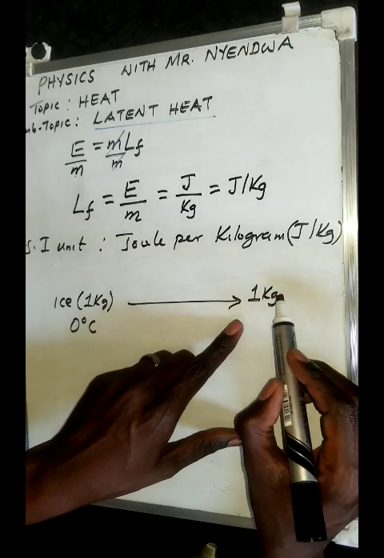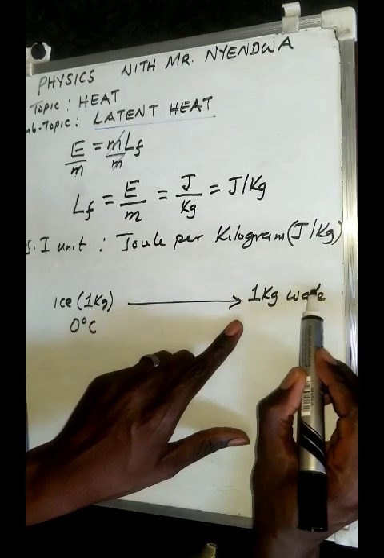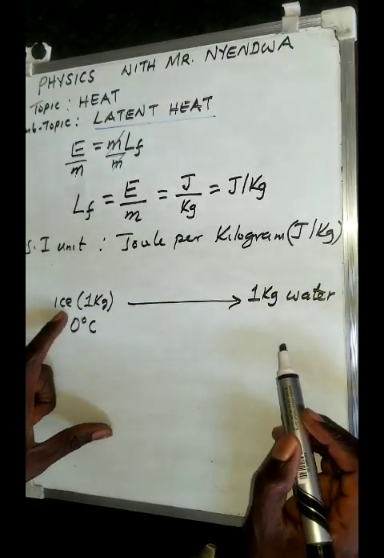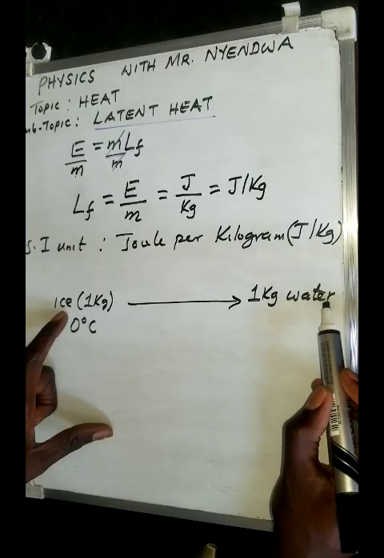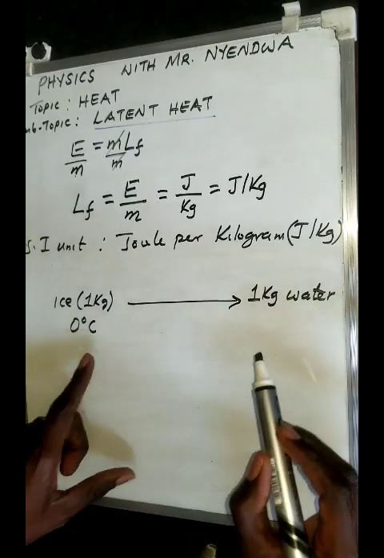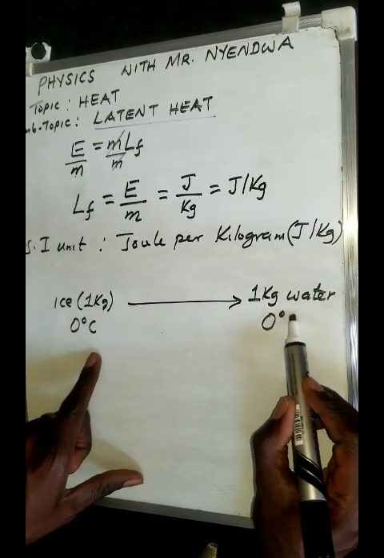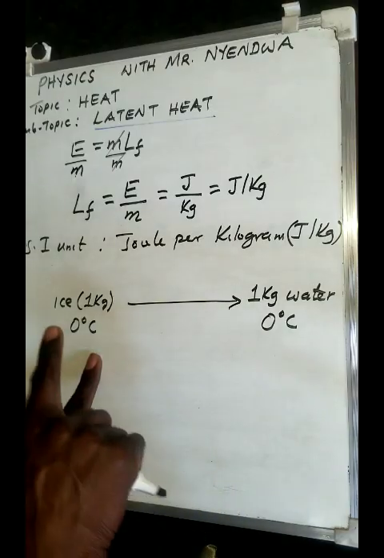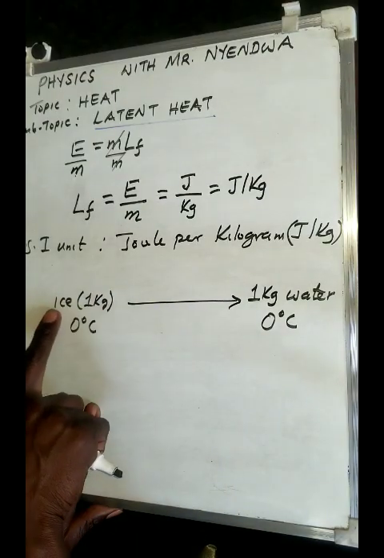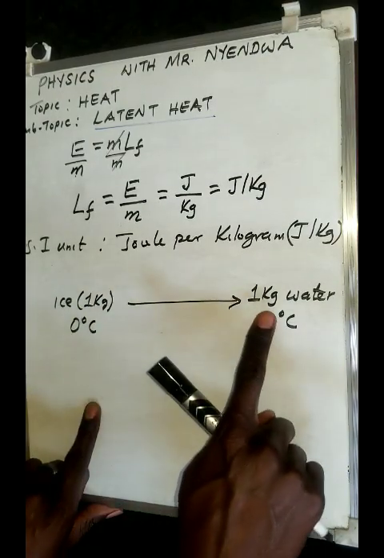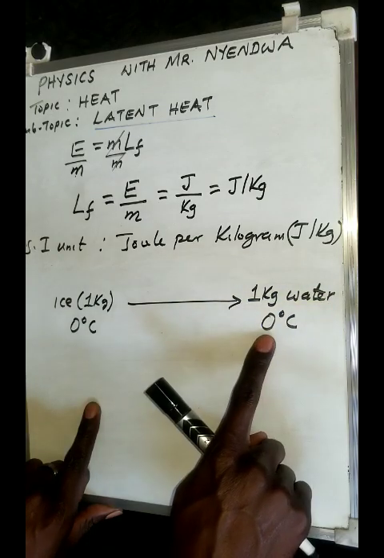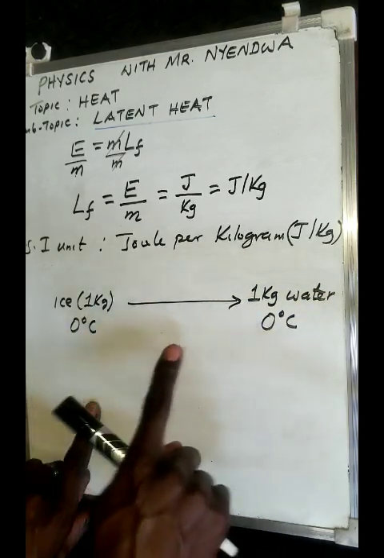But of course, remember, at constant temperature, meaning the temperature should remain still at 0 degrees. So you want to change 1 kg of ice at 0 degrees to 1 kg of water at still 0 degrees, because there's no change in temperature.